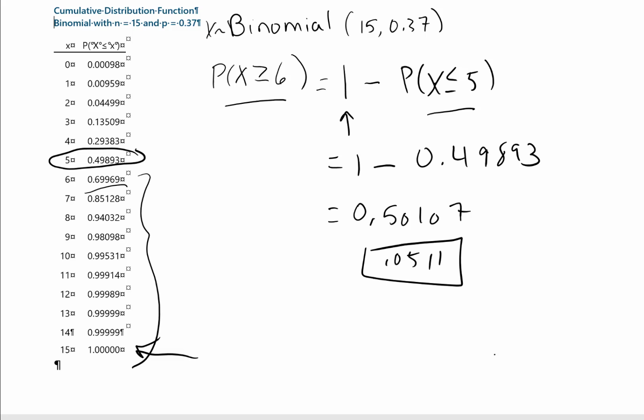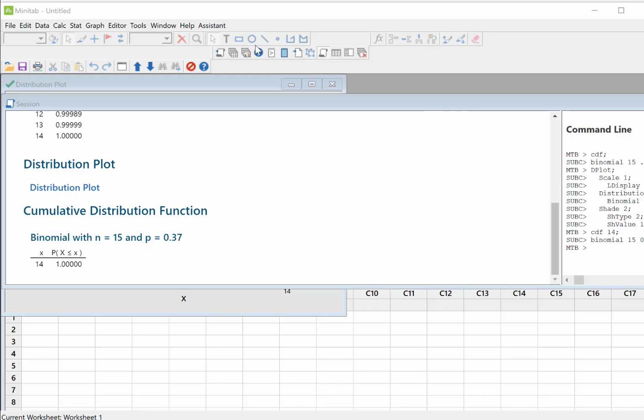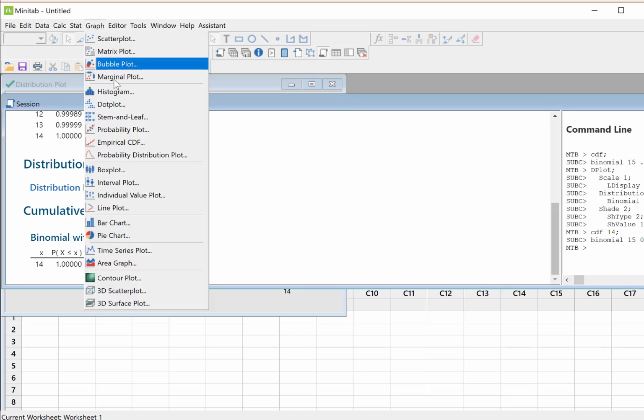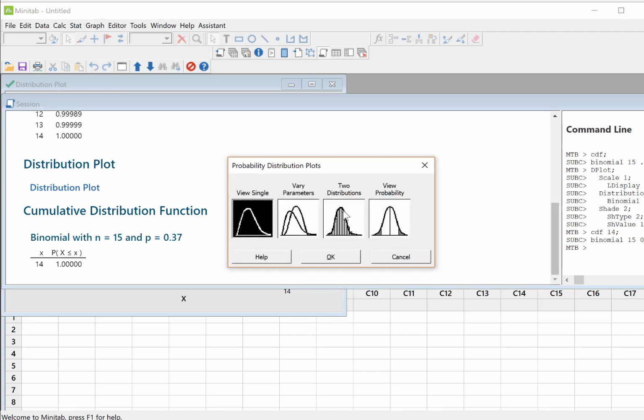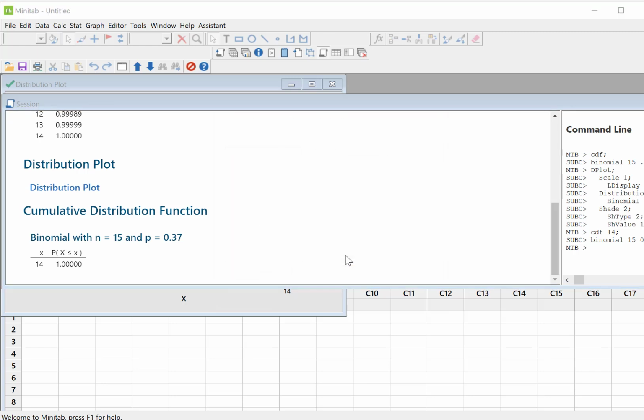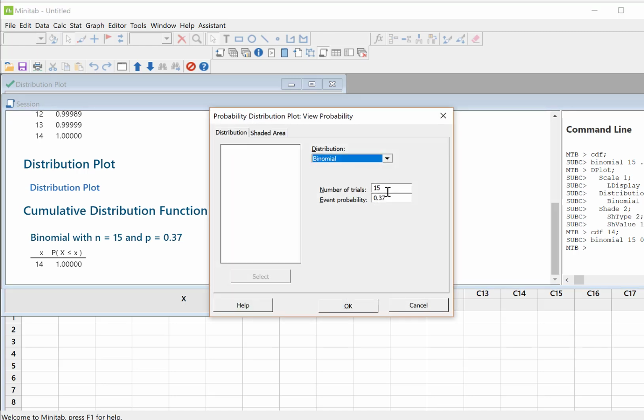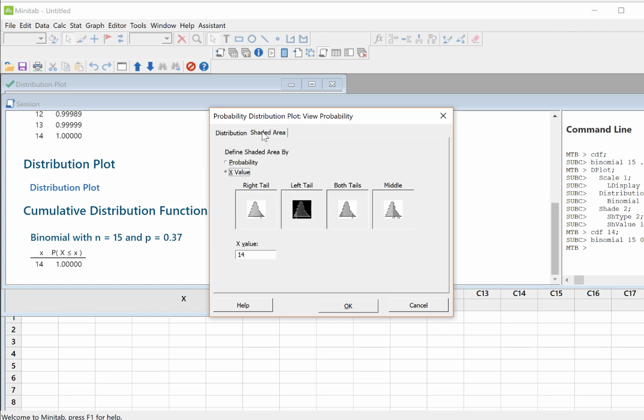Now let's take a look at what's going on in Minitab. If I go to Graph and Probability Distribution Plot, I want to view the probability. I make sure I'm in binomial with 15 for my trials and my probability of an event is 0.37, and I go to shaded area. Now I'm looking for everything in the right tail that would be greater than a particular value. So I wanted everything greater than 6.